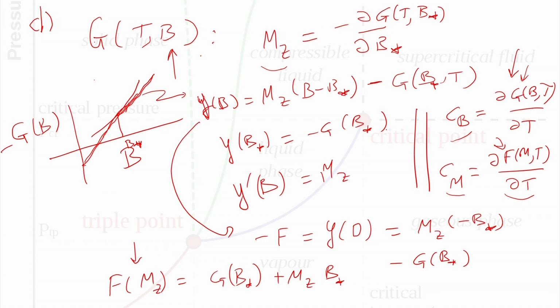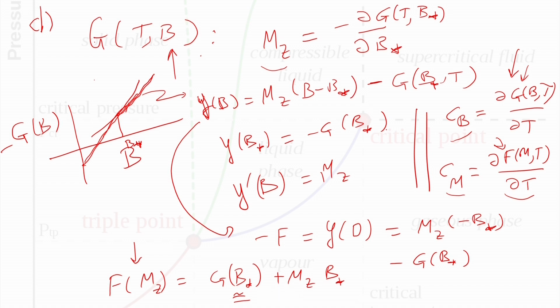When I do that, remember we did that for Gibbs free energy and we got this result. So, it is G of 0, which is something uninteresting, but let me write it down, because it also depends on temperature.